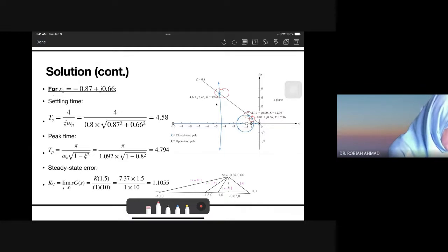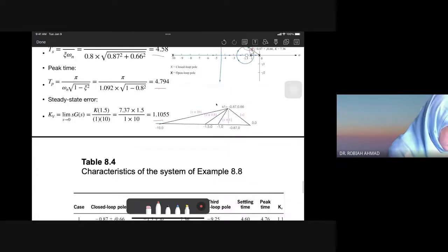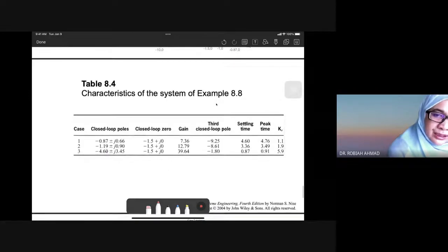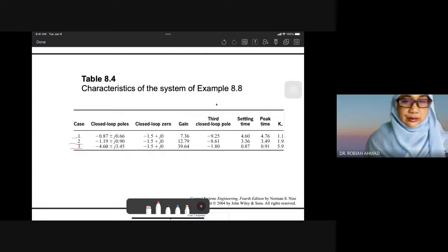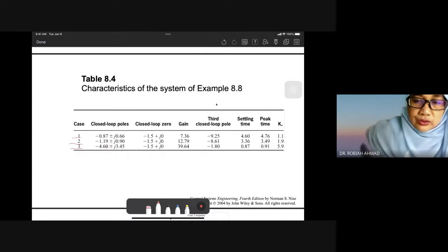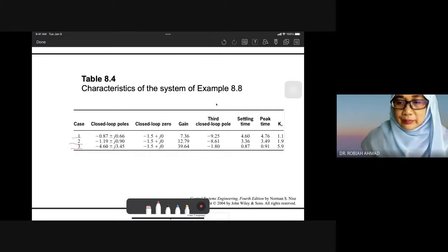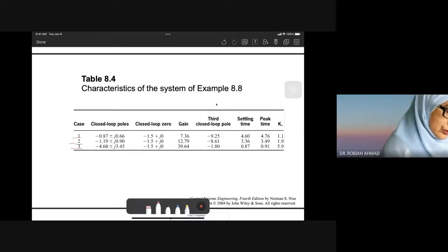The textbook shows all the answers for the 3 cases: gain, settling time, peak time, and steady state error.